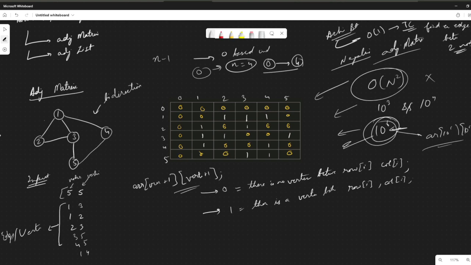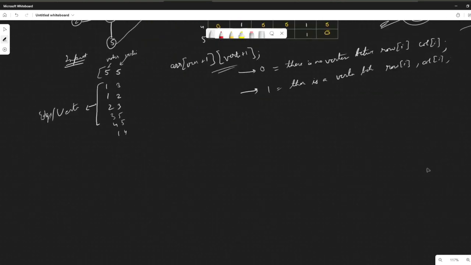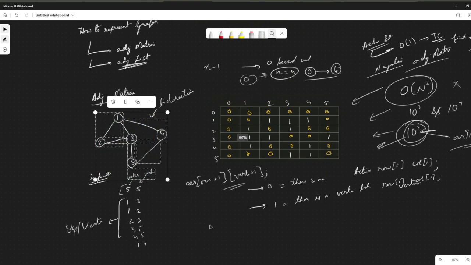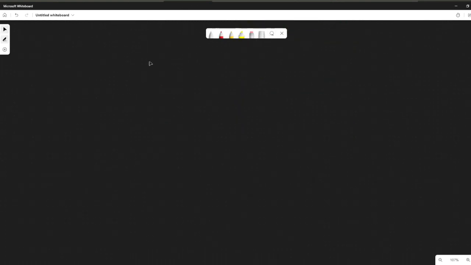Let's talk about the adjacency list. Let's consider the same graph. Let me copy it. So what is an adjacency list?